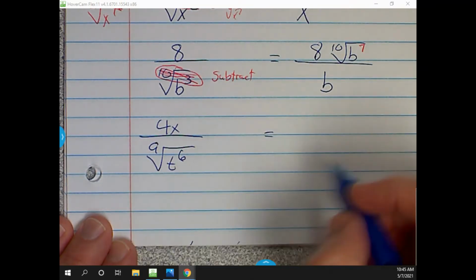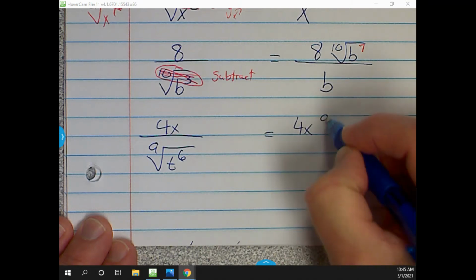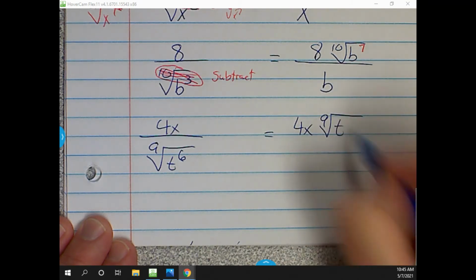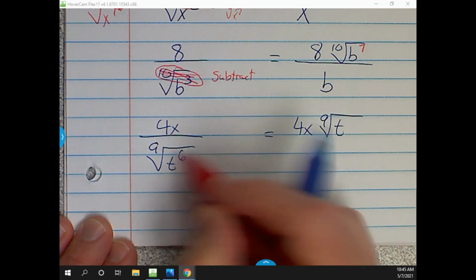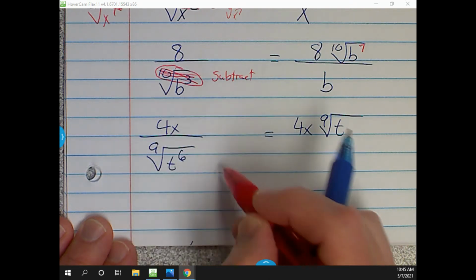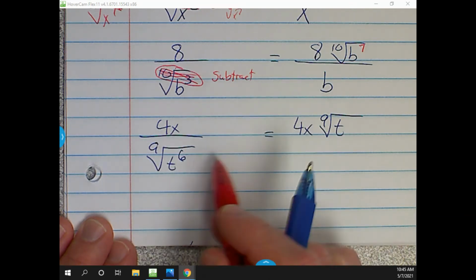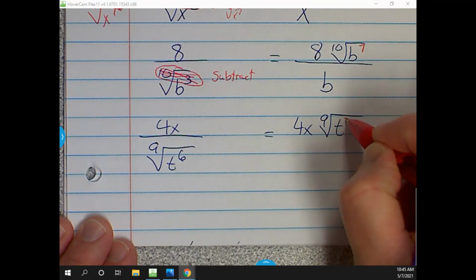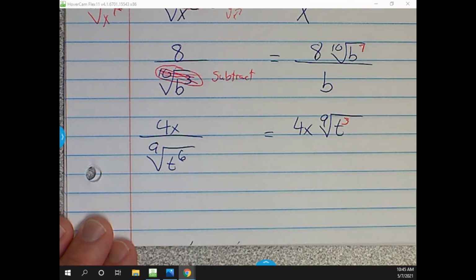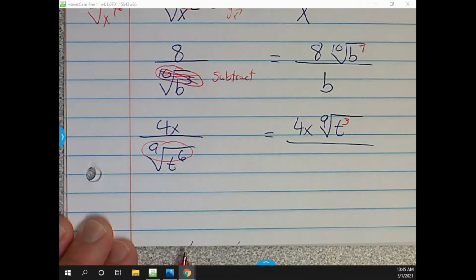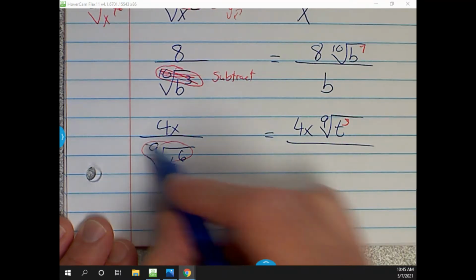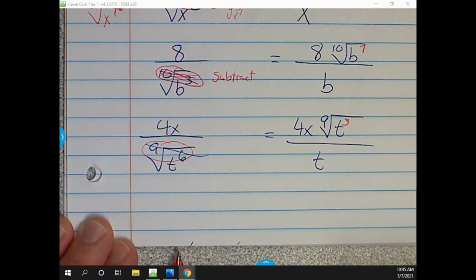So for this one, we're going to move this 9th root from the bottom to the top. And because to get this to cancel, we've got 6, we've got to get it to 9, so we've got to add 3 t's on the bottom. If we add 3 t's on the bottom, we're going to have 3 on the top. So we're just subtracting these two numbers that's here. Okay. And if we do that on the bottom, again, those will cancel once we make that 9 and 9, so it'll leave us a t on the bottom.